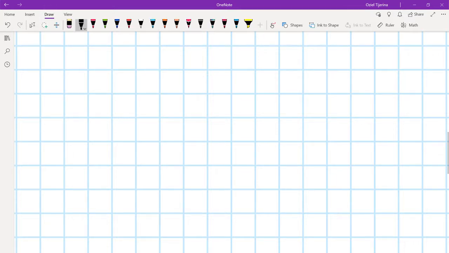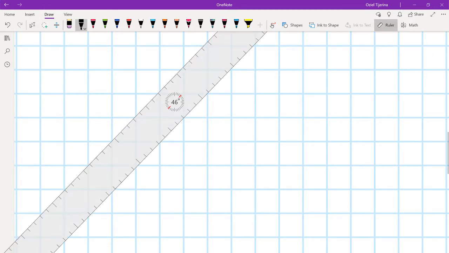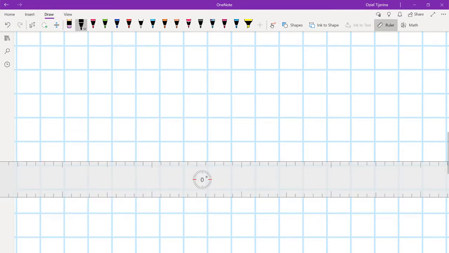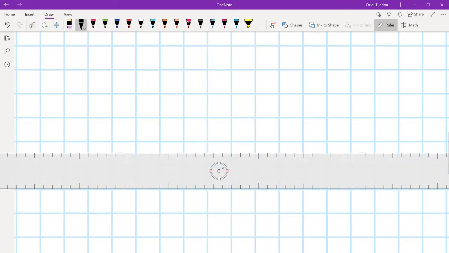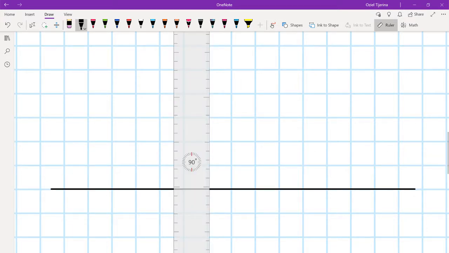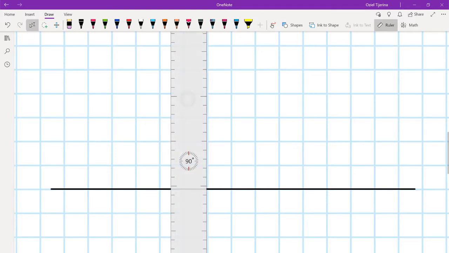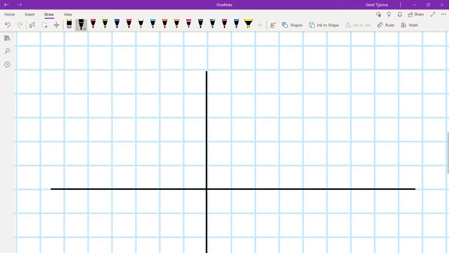Let me try to draw a coordinate plane. You have, this is y, and this is x.